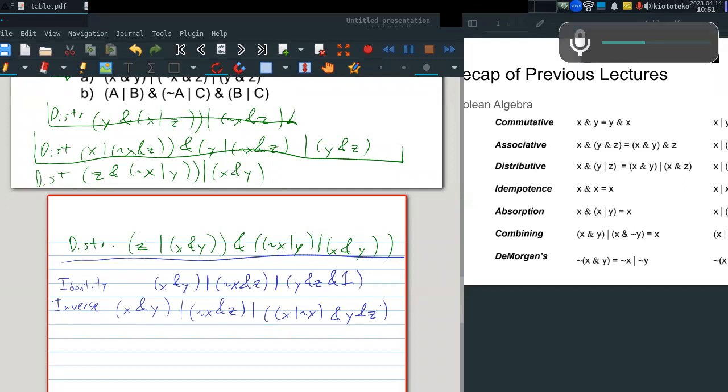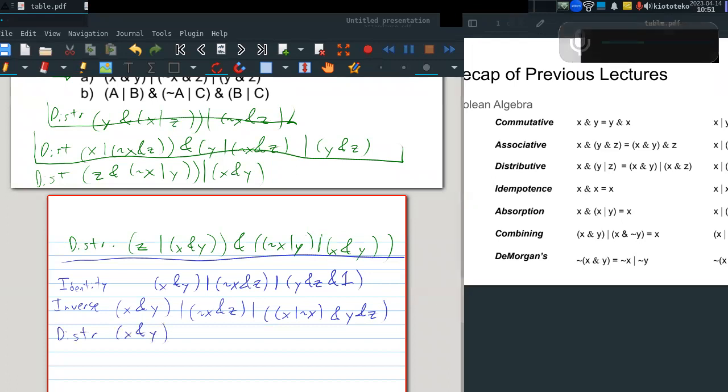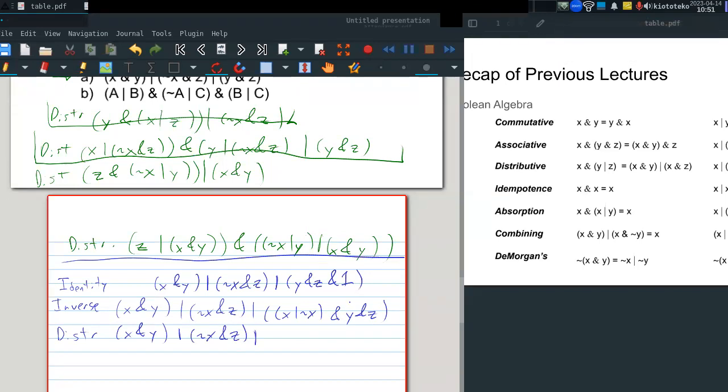And now it's just a question of this last term using distribution. X and Y, or 0. And let's distribute. Well, let's assume this is parentheses. Let's just do it this way.